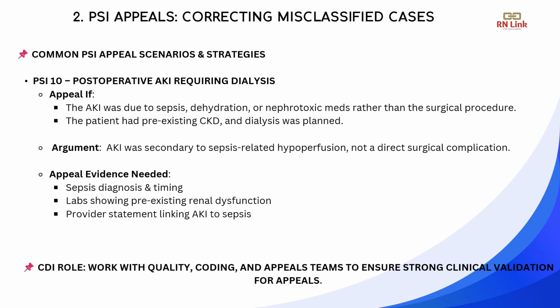Appeal evidence needed. Sepsis diagnosis and timing. Labs showing pre-existing renal dysfunction. Provider statement linking acute kidney injury to sepsis. CDI role: Work with quality, coding, and appeals teams to ensure strong clinical validation for appeals.